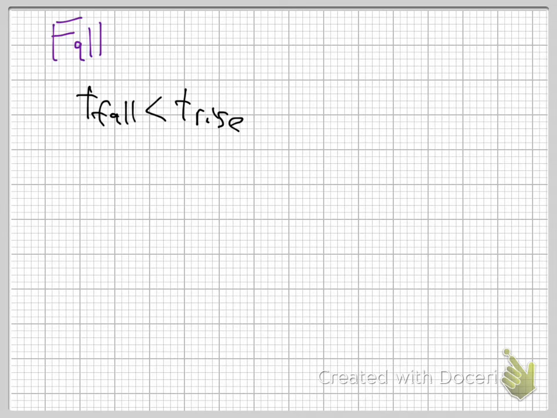Now, this part should be very easy. This is just free fall. Treat it just like free fall. So we know v_y1 is equal to 0 meters per second.